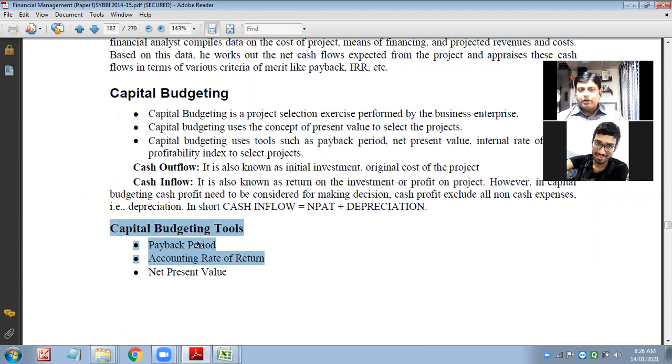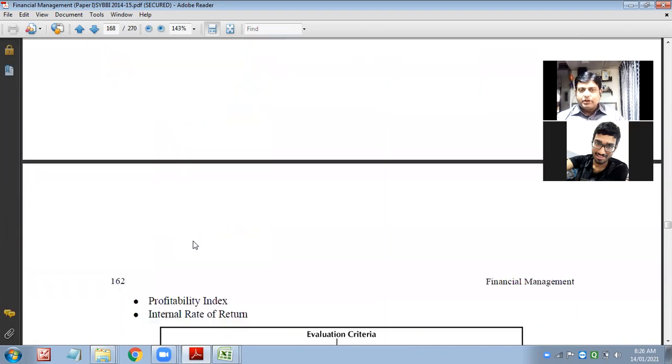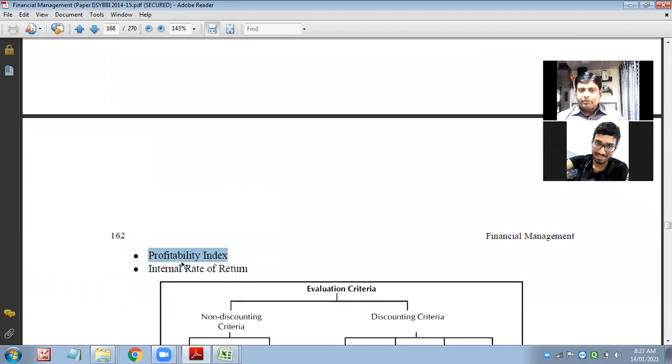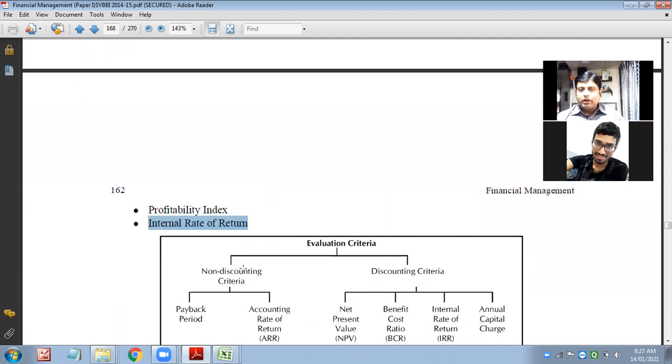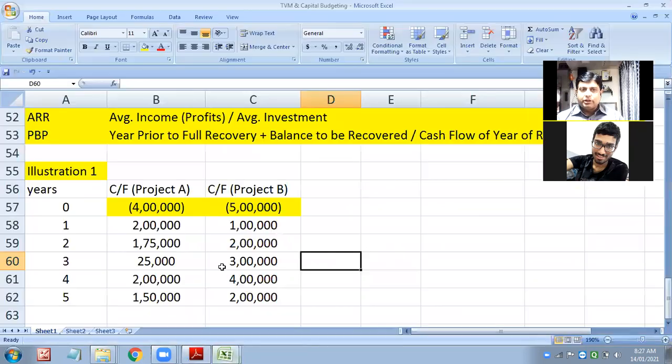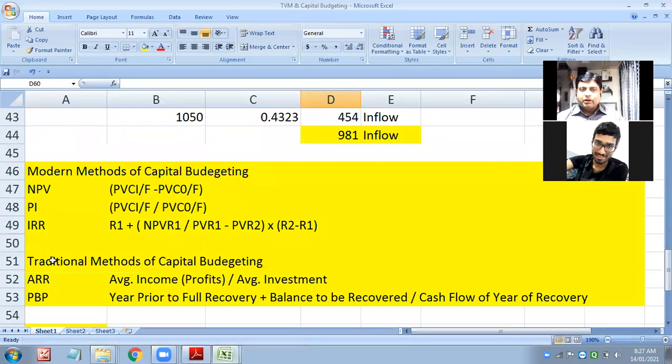In financial appraisal, we have different capital budgeting tools. One is payback period, other is accounting rate of return, third is net present value, fourth is profitability index, and fifth is internal rate of return. Okay, these are non-discounting criteria. That is why it is known as the traditional rule of capital budgeting.